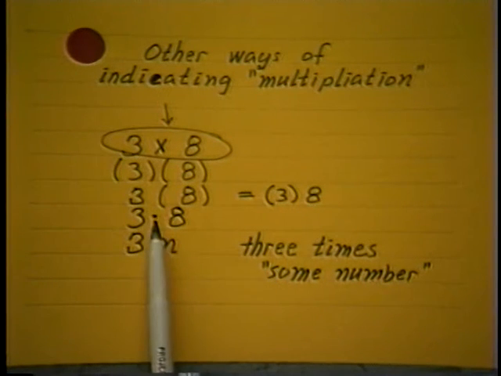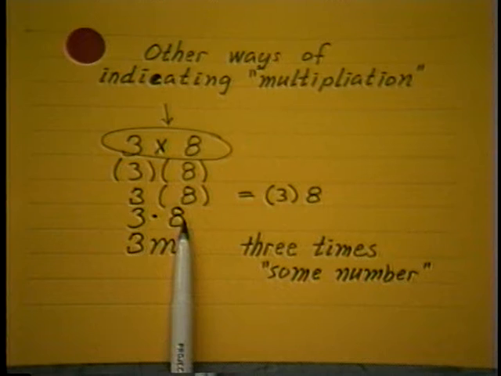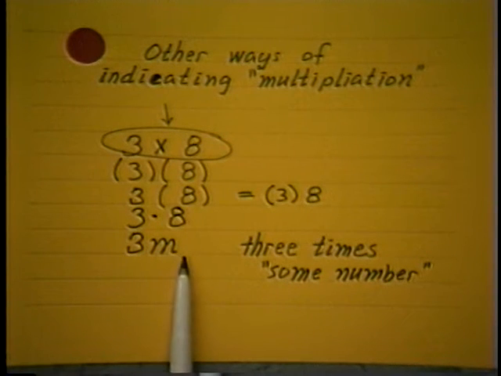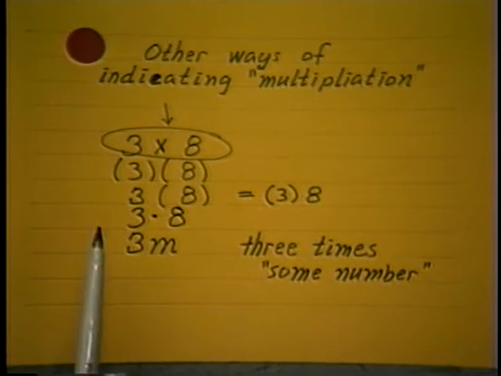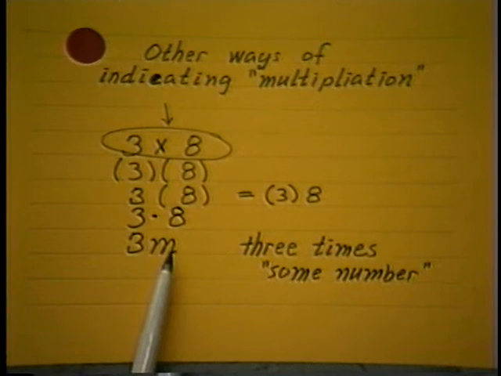And you're probably familiar with using a dot raised to the middle to indicate multiplication. You can see this might be confusing with a decimal point in the future, so we'll try to avoid this except where the meaning is very obvious. Where we're using a letter to mean some number and we shove another letter or a constant against it, it means to multiply.